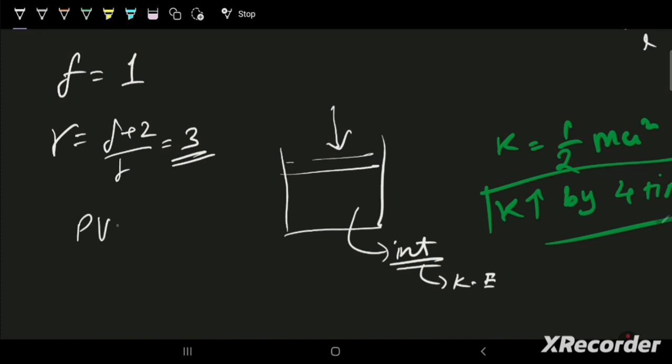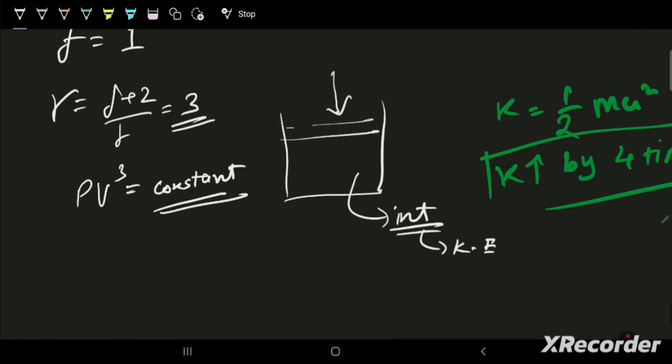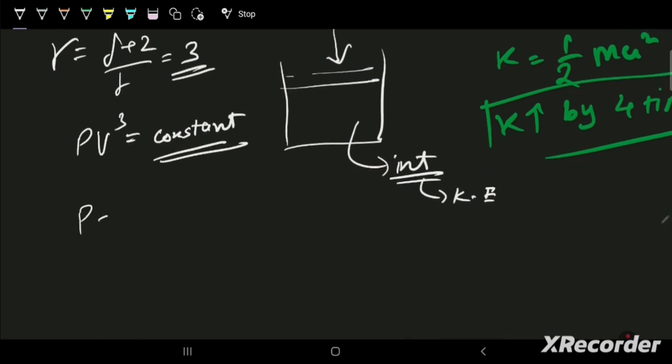I can say P V to the power 3 is equal to constant, and that's a very important step in this problem. I can say P is proportional to T by V, so I can say T V square is equal to constant. Now observe that energy is written as half kBT for each degree of freedom.